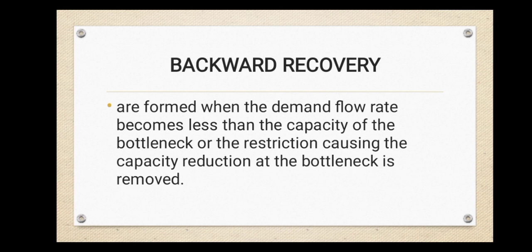For example, when the signals at an approach or set of lanes at a signalized intersection change from red to green, the traffic flow restriction is removed, and traffic on that approach or set of lanes is free to move across the intersection, causing a backward recovery shock wave. The intersection of the backward forming shock wave and the backward recovery shock wave indicates the end of the queue, shown as point T.